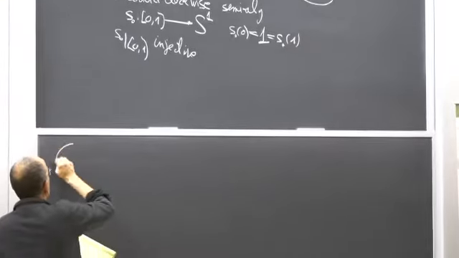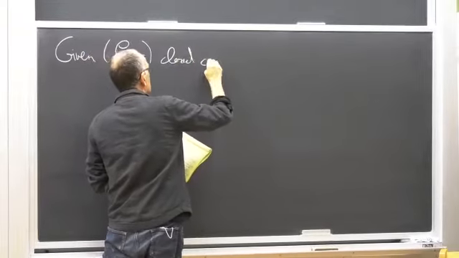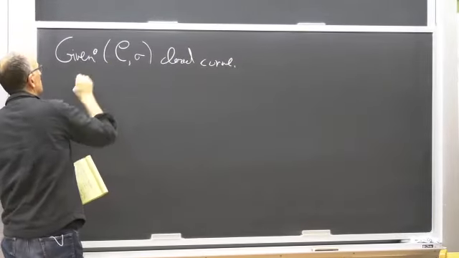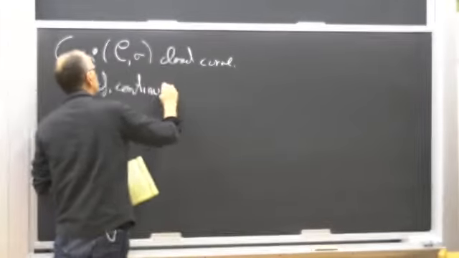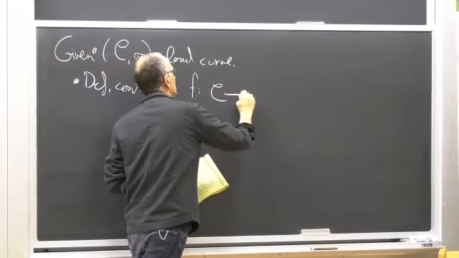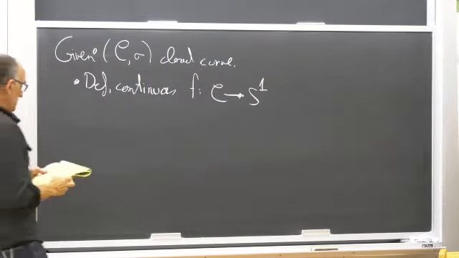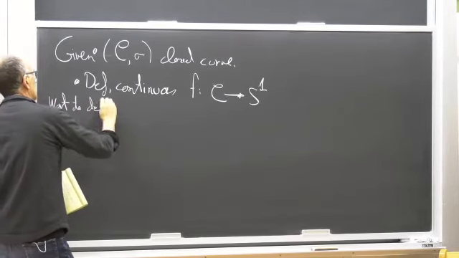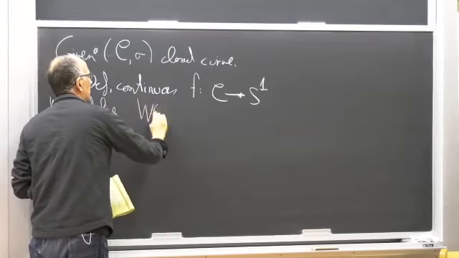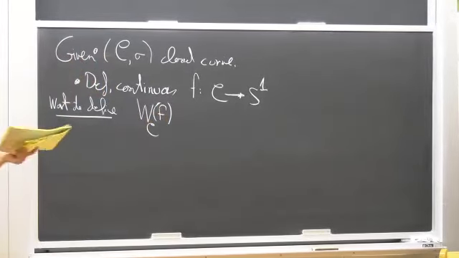So now, given any closed curve C, and a definable continuous map f from C, at the beginning just into S1, we want to define the winding number of f along C. I'm writing C at the bottom because sometimes f will be defined on a bigger domain, and I want to say on which closed curve I'm looking.